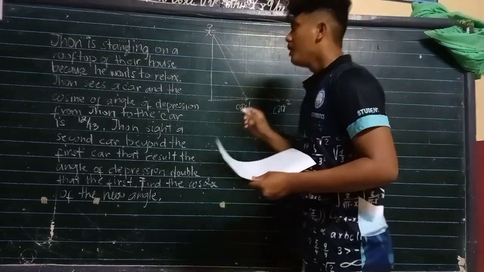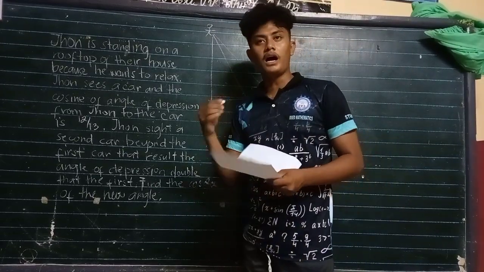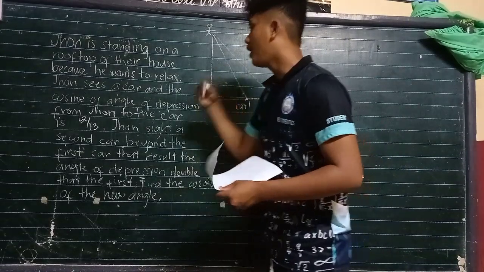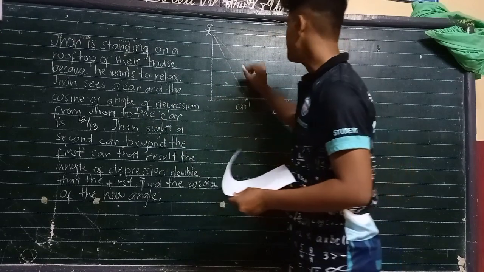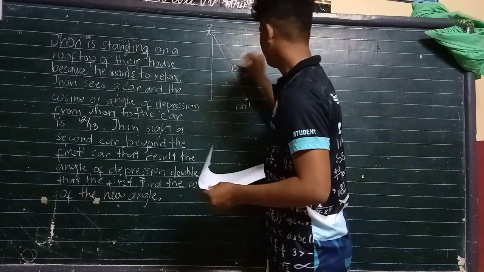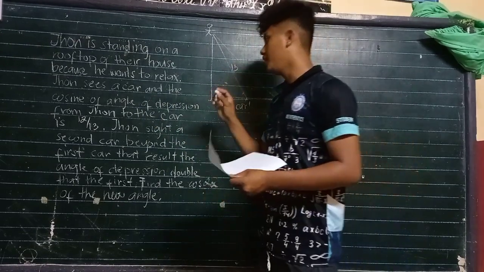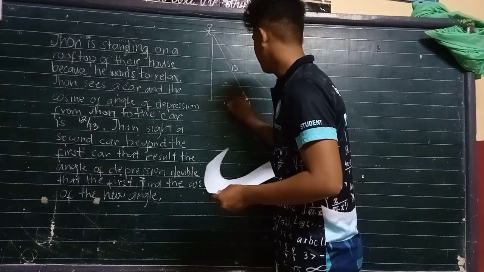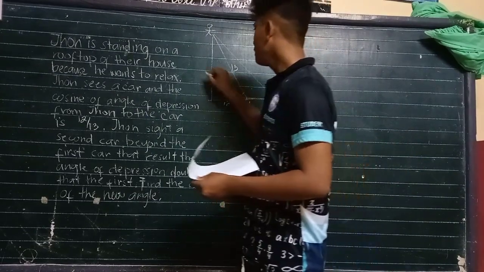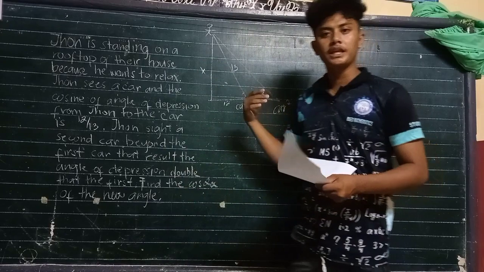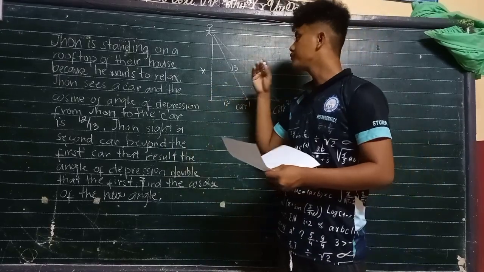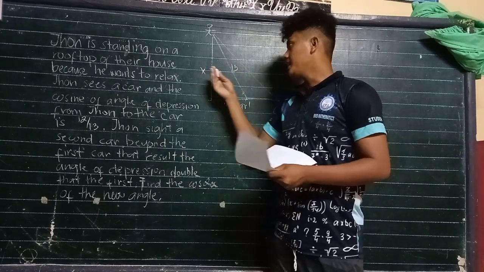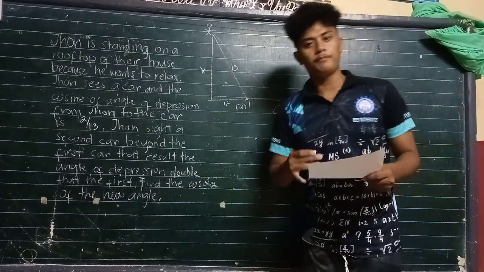Given that the first car has a cosine of 12 over 13, our 13 here is the hypotenuse of the first car, and the 12 is the adjacent. So our opposite here is missing. To find the opposite, or the x, we can use the Pythagorean theorem.